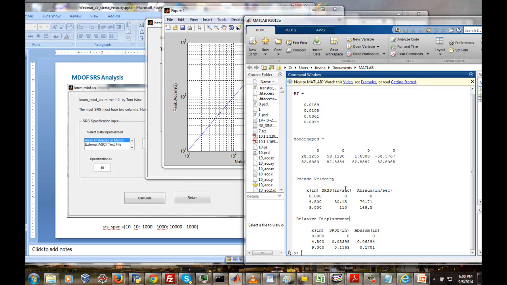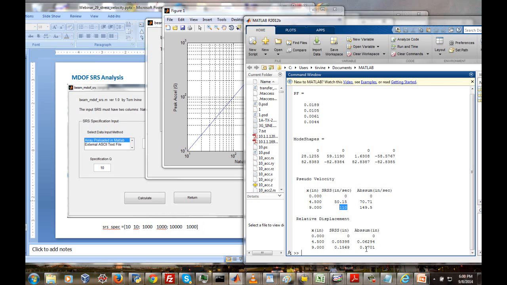We actually have 2 multi-degree of freedom SRS methods: the square root of the sum of the squares in inches per second, and the absolute sum method in inches per second. So here are the resulting pseudo velocities. Let's keep in mind this 110 inches per second. I'm going to summarize these in a table here shortly.